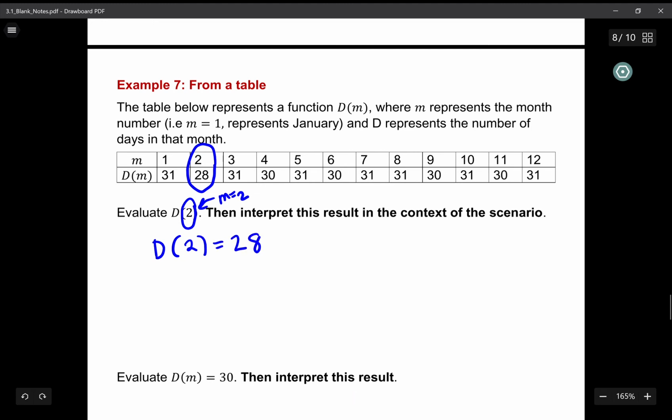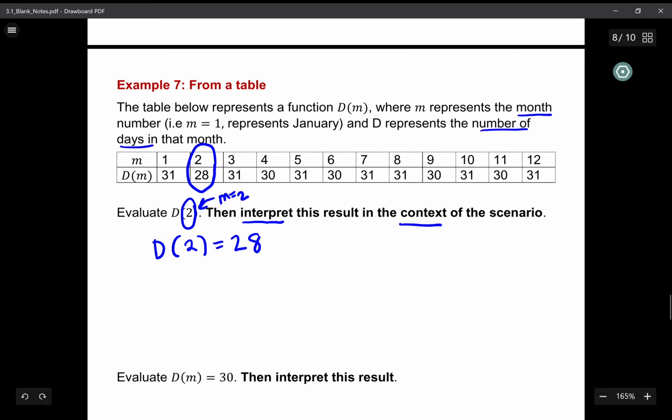Then let's interpret this result in the context of the scenario. Let's take a second to really think about what those instructions mean. Whenever you see interpret in the context, I don't want to hear about numbers and x's and y's or m's and d of m's. I want to hear about words that are representing the variable. So m is the month and d is the number of days.